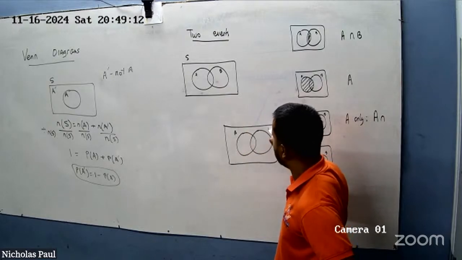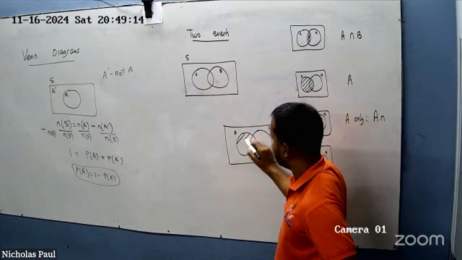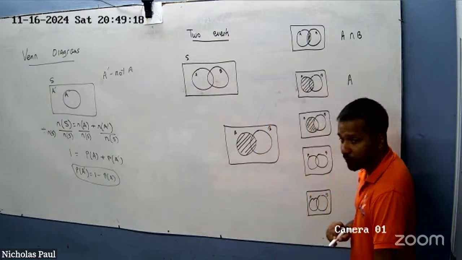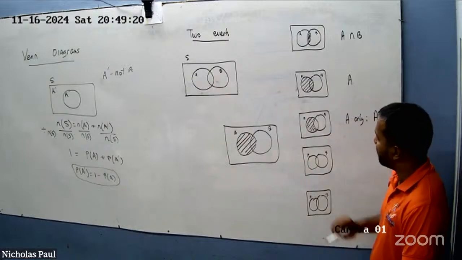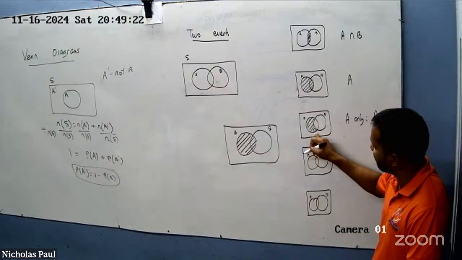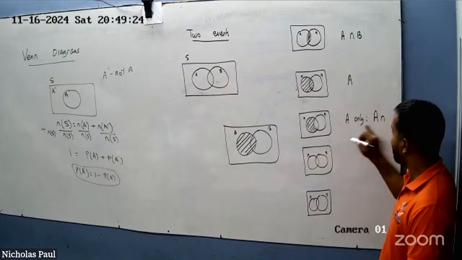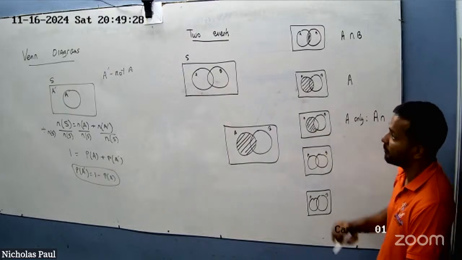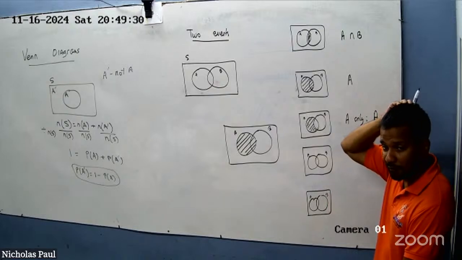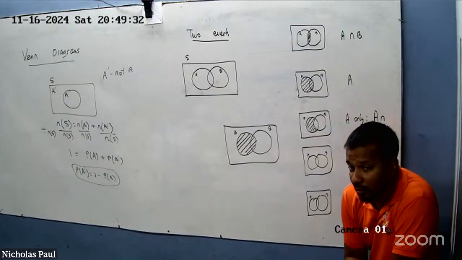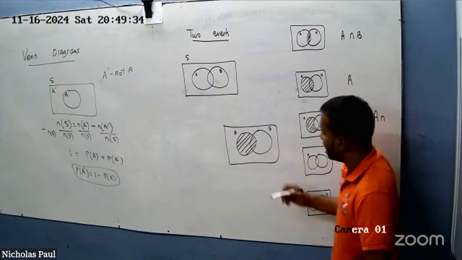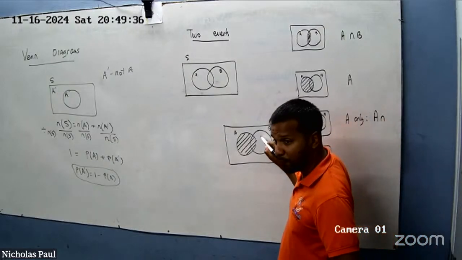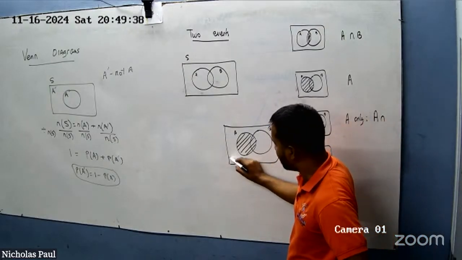Here's A and here's B. So this is A. But I want something that will give me A only. So A intersect what will give you that? Anybody? B complement. Let's see. B complement is everything outside B, so I'm going to shade B complement.